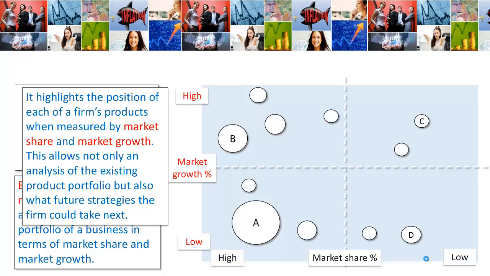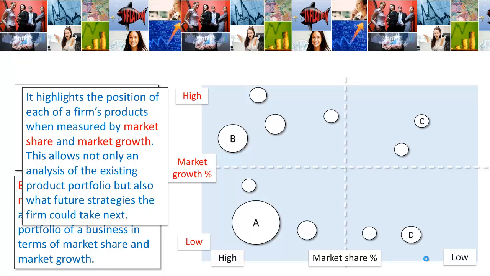So you can see our square is cut into 2 quadrants. We've got market share running from the bottom to the top, so we've got low market share to high market share. And going horizontally, we have market growth, from high market growth to low market growth. And that gives 4 different quadrants, right? So we have up the top left-hand corner, high market share, high market growth.